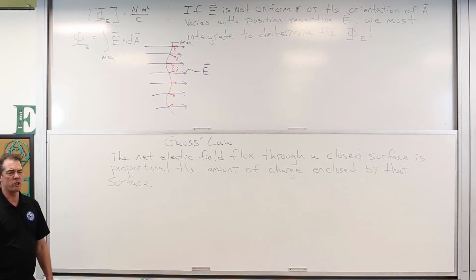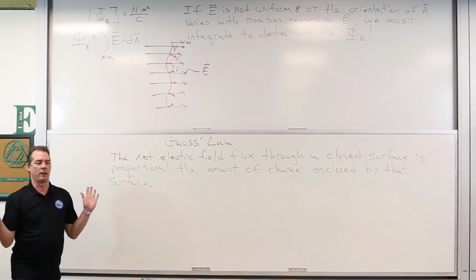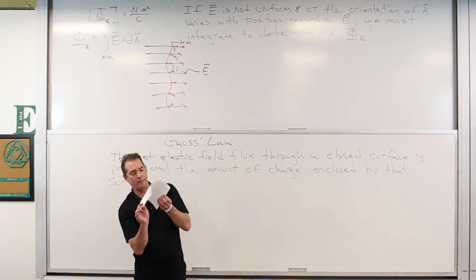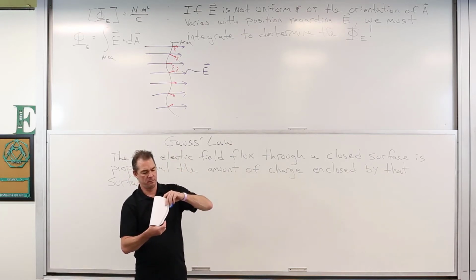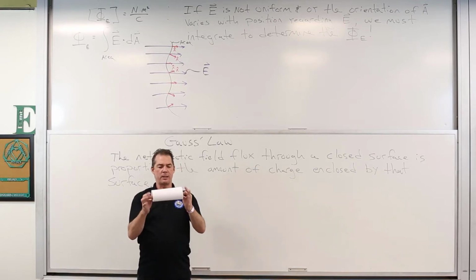So what do you mean by a closed surface? A closed surface would have to be a surface that wraps back around on itself. We can't be talking just about a sheet anymore. That sheet would have to wrap back around and become maybe a cylinder. Then we'd have to close off the tops too and ask, what's the total electric field flux through this cylinder?